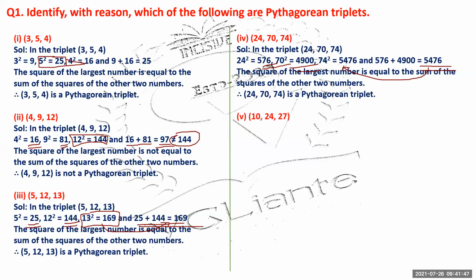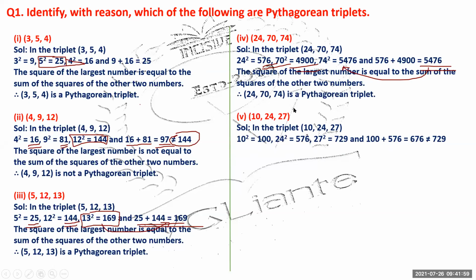Next set of numbers: 10, 24, 27. In the triplet 10, 24, and 27, 10 square equals 100, 24 square equals 576, and 27 square equals 729. Understand? So you'll keep the square of 27 aside for some time.